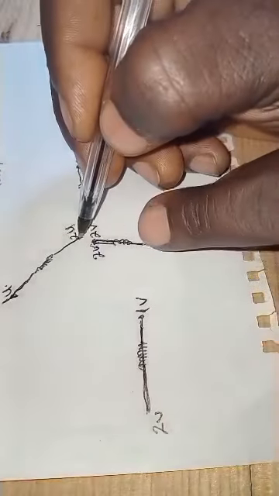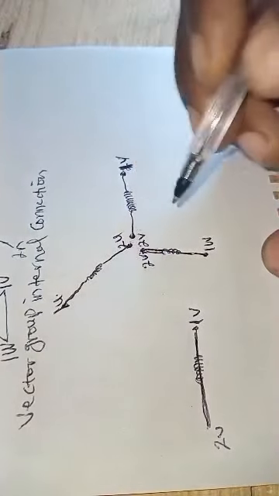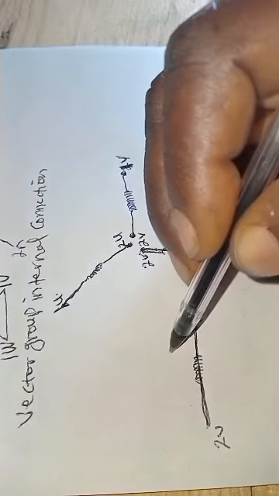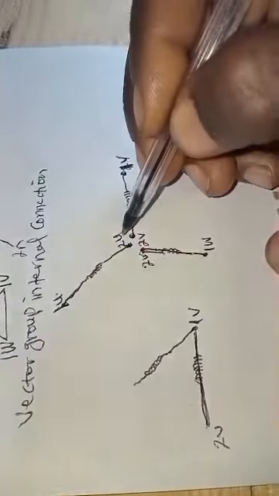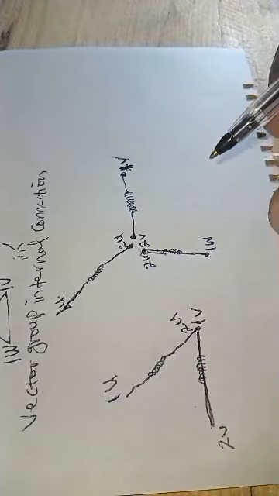Now, look at it. Look at this from here. You bring it here straight. We have 2U here and we have 1U here. So to close our triangle, we bring this to here.